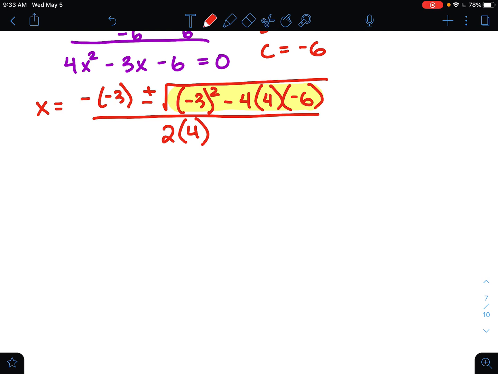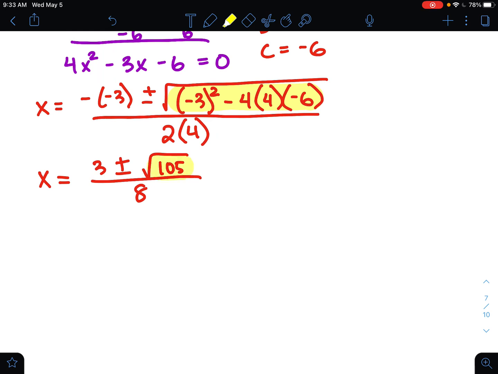And I'm going to simplify the negative 3. So I have now positive 3 plus or minus. So let's calculate what's under the square root symbol. So negative 3 squared is positive 9. 9 minus 4 times negative 6 is 105. So 105, all divided by, let's do 2 times 4 is 8.